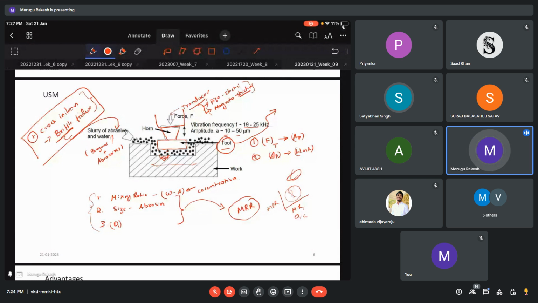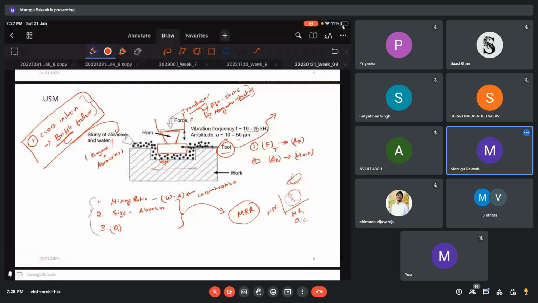Tool wear will be higher, right? Because of brittle failure of the tool also. Yes, sir. So we have to use a soft tool in order to reduce this tool wear. So generally we use copper as the tool material in this ultrasonic machining. So these two you should remember.